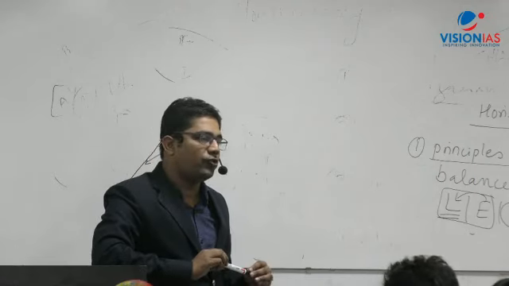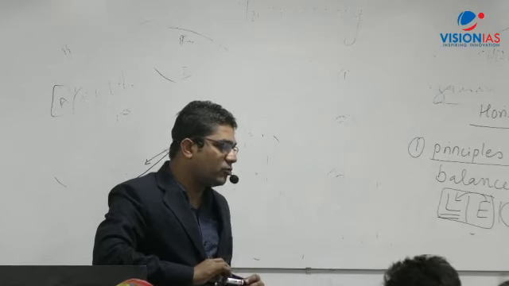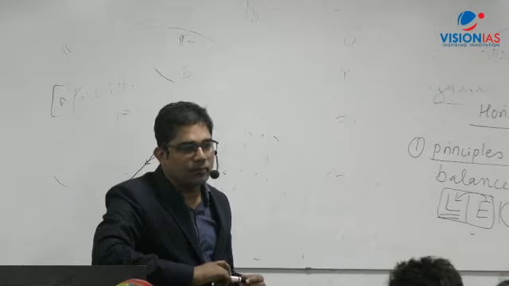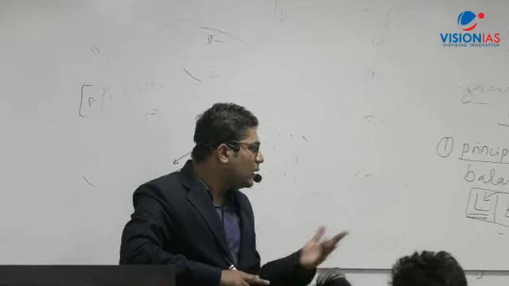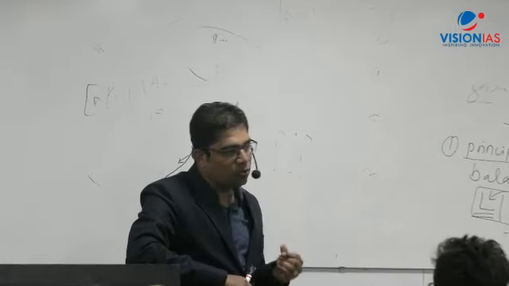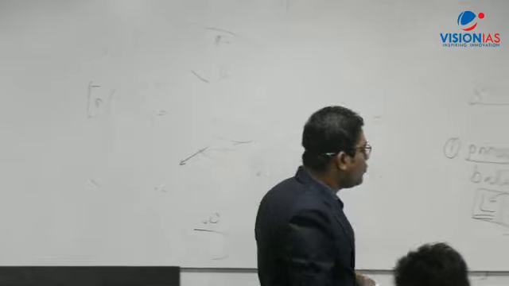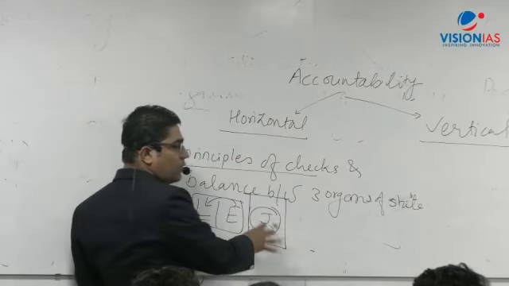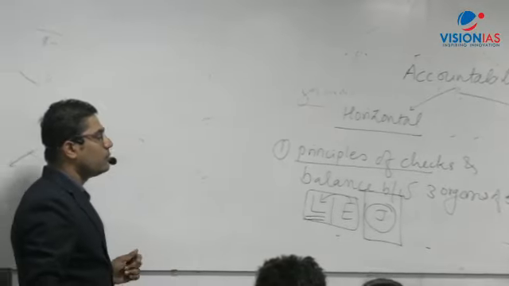In extreme cases, how many people from the higher judiciary have been removed through impeachment? Does it mean there is no corruption? No. The institutions of accountability are very weak, and therefore we also have to ensure judicial accountability. But here we take the judiciary as an independent organ, as we have seen in the rule of law, to ensure the rule of law. So that is about the principle of checks and balance.